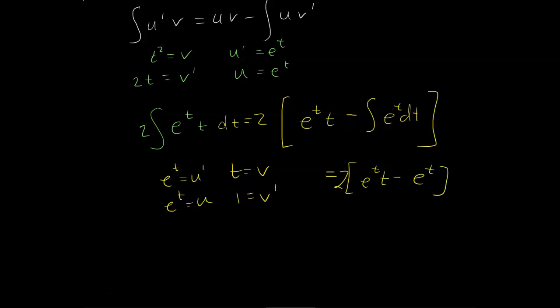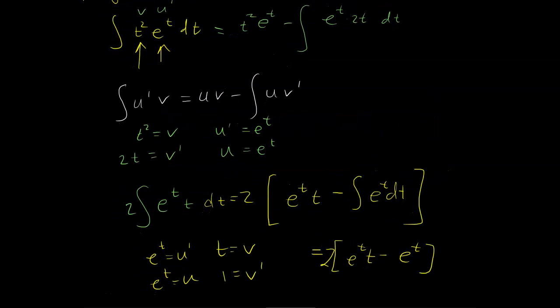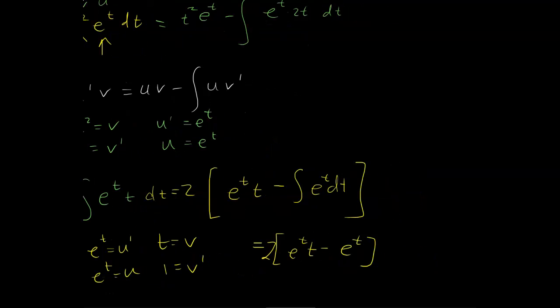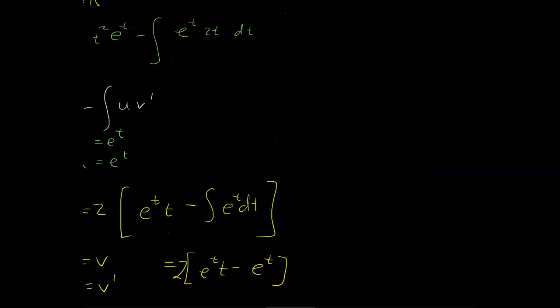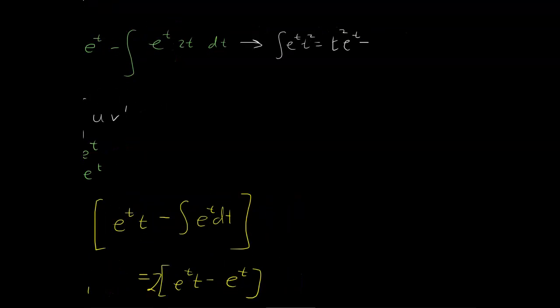So putting this together with what we found up above, let's go over here. We can say our original integral, the integral of t squared e to the t, is equal to t squared e to the t minus, and for this next part, we just took that integral as another integration by parts.